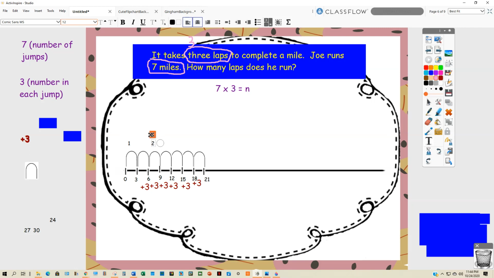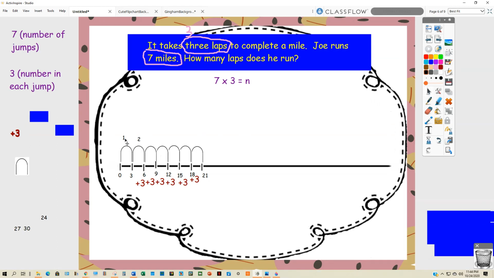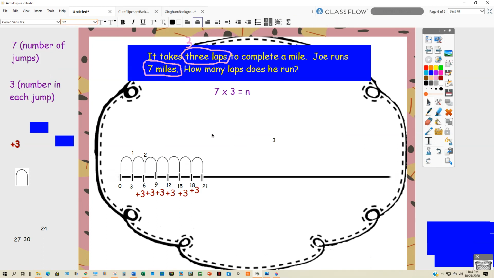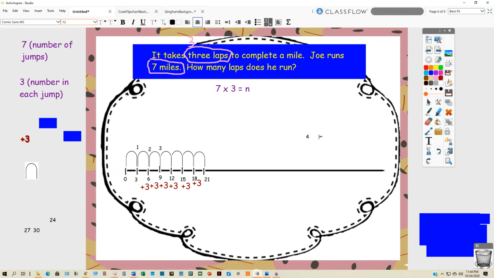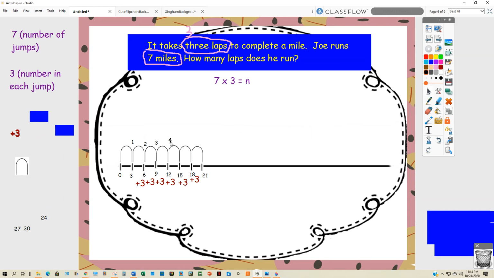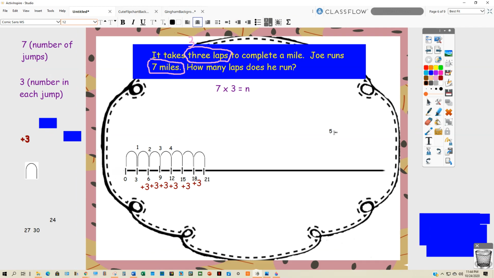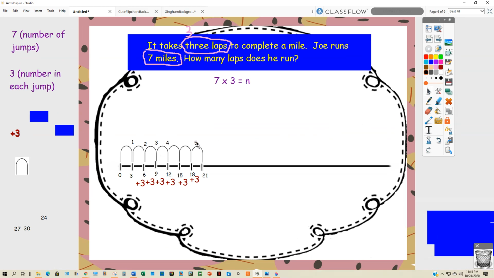One, two, from there to there's 1. From there to there's 2. 1 jump, 2 jump. 3 jump. 4 jump. 5 jump. 6 jump to here.